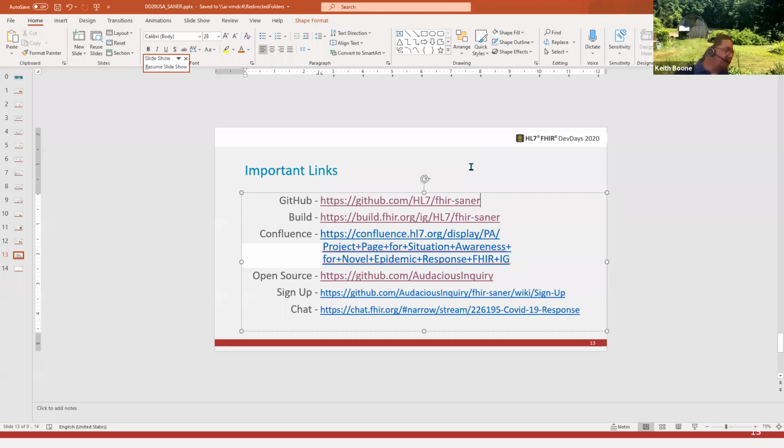The measure report itself is basically a count of things, so it can be a count of COVID-19 deaths. As a matter of fact, one of the example measures that we developed was based on the CDC COVID-19 module, and that includes COVID-19 related deaths.